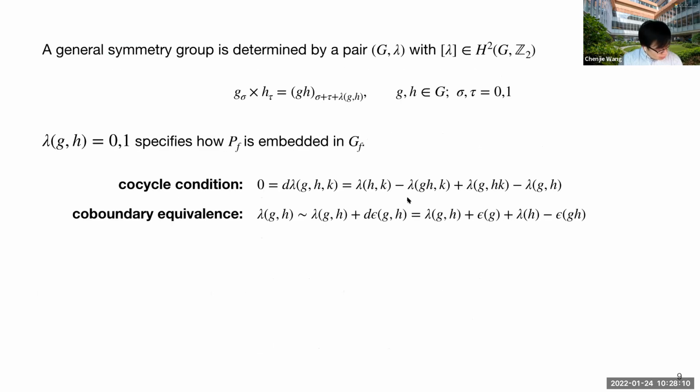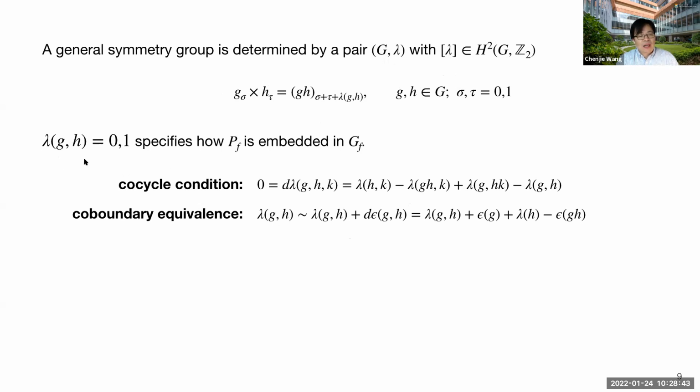Let me speed up a little bit. These are basic concepts. In general, we need to specify how we embed the fermion parity into the symmetry group. We use the so-called second cohomology group: when the rest of the symmetries form a group G, we specify a two-cocycle.